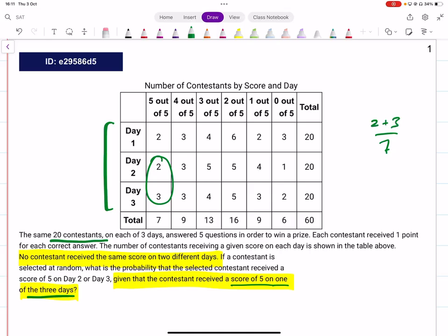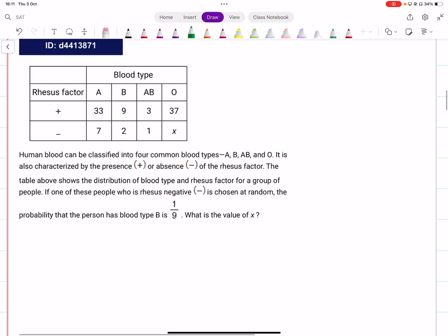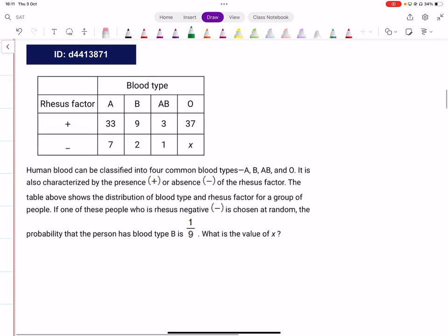That's your numerator. So you say it's 5 over 7. That's the probability. Out of those 7 people, 5 received a score of 5 on day 2 or day 3. Okay? So whatever is given, that is your denominator. All right, that was question number 1. Now 2.